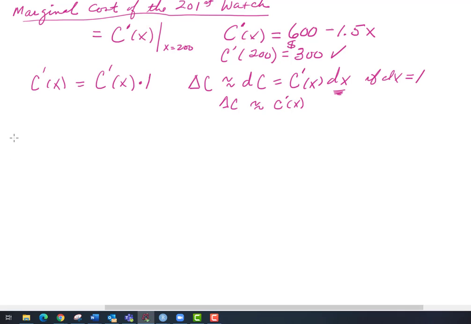All right, so just one more example and then we're going to wrap this. Let's suppose, for emphasis here, we'll go to a different color, that we have a profit function, P of x, and it's equal to 8x minus 0.001 x squared minus 7,000.